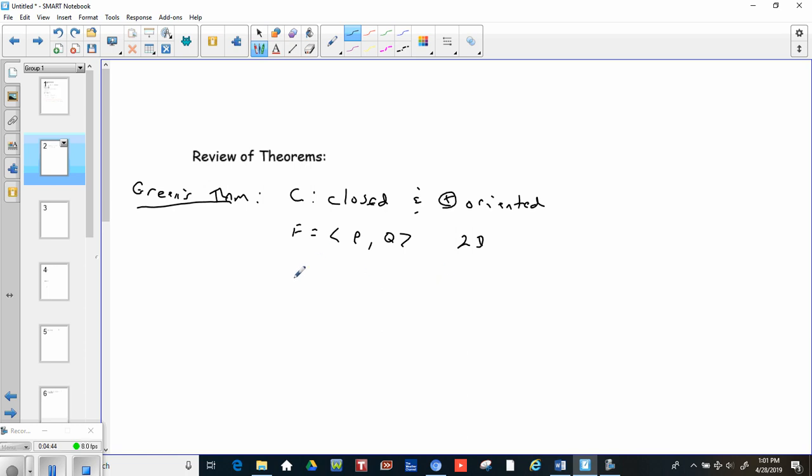And that's very important. So as soon as you see something which is not 2-dimensional, we know we're not using Green's theorem.